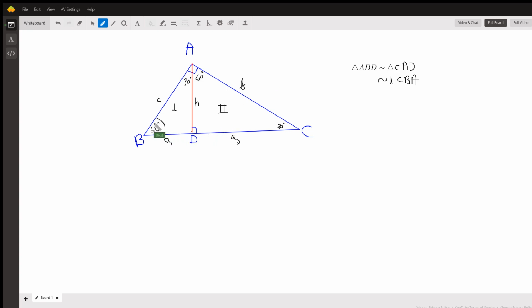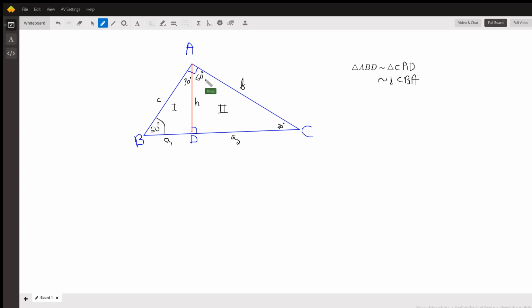The key is that if this angle right here is 60 degrees, then this angle right here in triangle ABD is 30 degrees. They have to be complementary. If this was alpha, you'd label this 90 minus alpha. And by the same token, if this is 60 in the big triangle, angle C has to be 30, complementary.